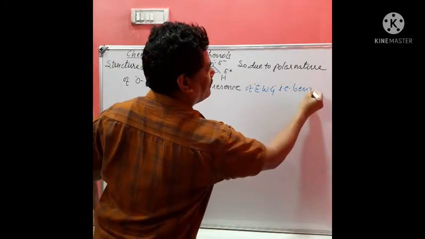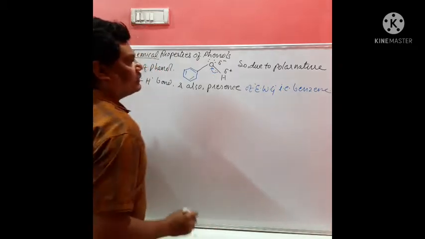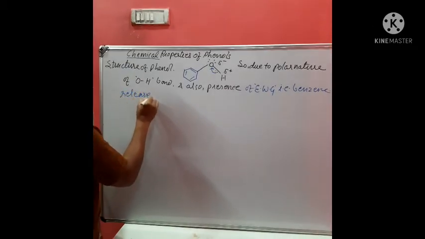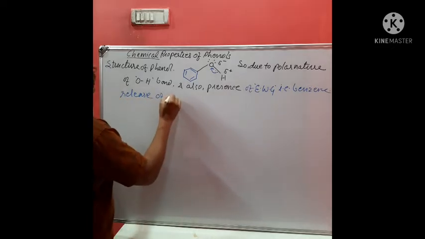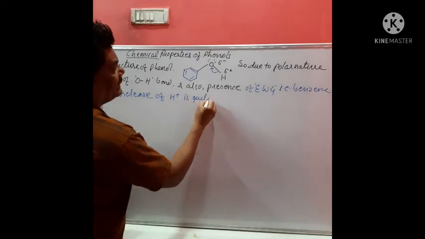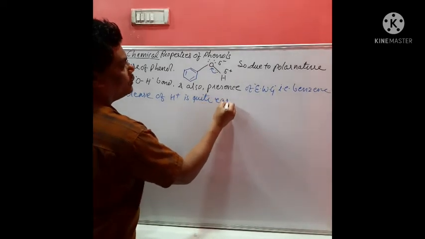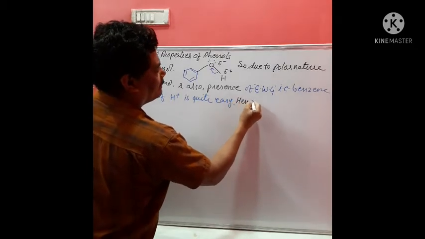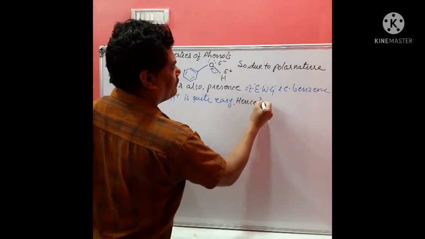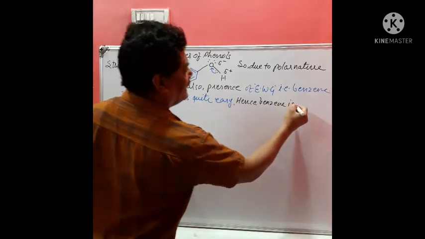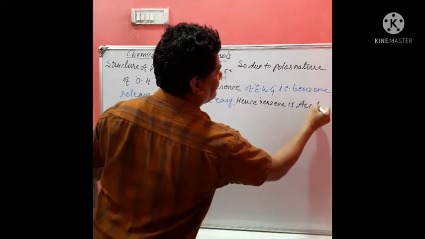Benzene. Okay. Release of hydrogen cation is quite easy. Hence phenol is acidic in nature.